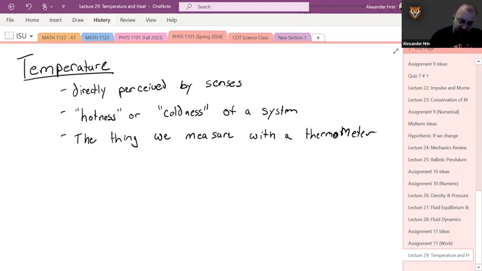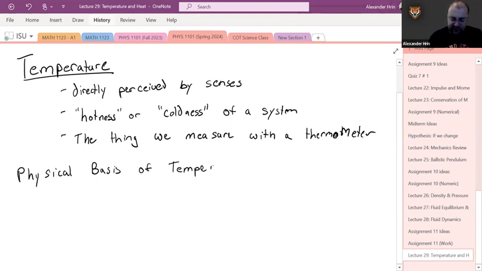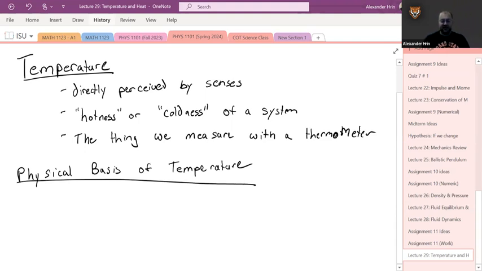Now, I also want to talk about the physical basis of temperature, because this is generally what chapter 13 focuses on. Basically, I learned about this in a class on statistical mechanics, which goes through the connection between the standard things you can measure physically and something like temperature.